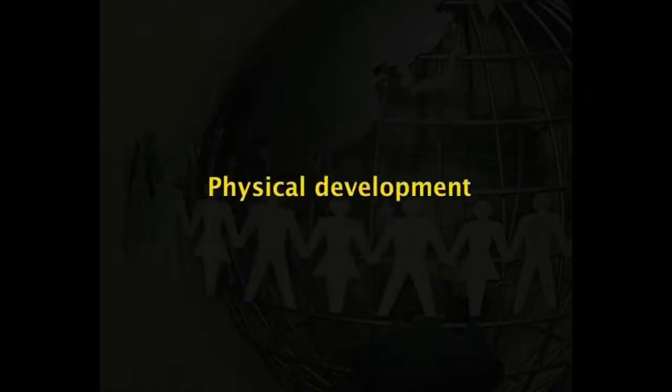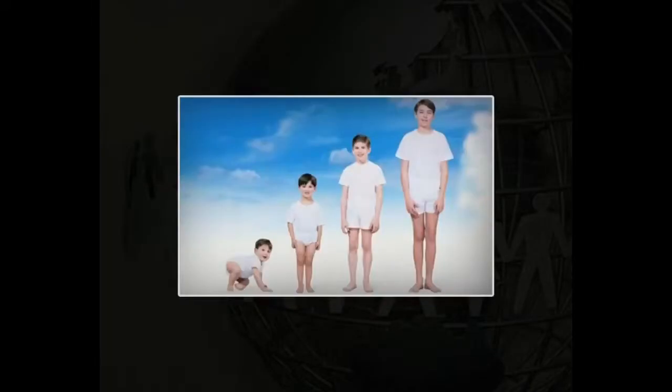We have been talking about development and growth from the beginning of this lesson. Now, let us see the different types of development we are going to see in child development. Physical development. Physical development is the most recognized and observable change in the life of a child.